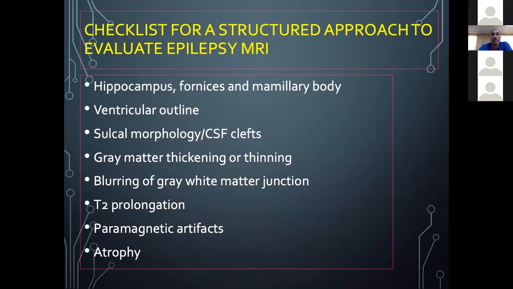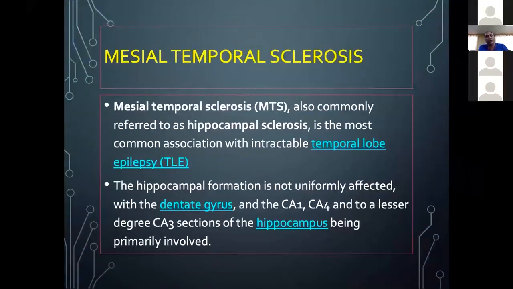So you need to have high quality T1 and 3D FLAIR sequences, blurring of gray white matter junction, T2 prolongation, presence of paramagnetic artifacts, atrophy. And another important aspect is that you must remember to look for subtle encephalocele, especially in the skull base. Sometimes they will be missed because we'll be focusing mainly on the brain, but sometimes small bony defects might be there through which the parenchyma is herniating and gliotic and maybe causing the seizures.